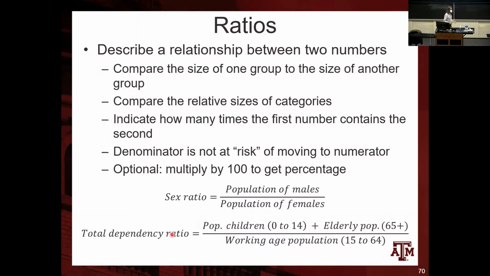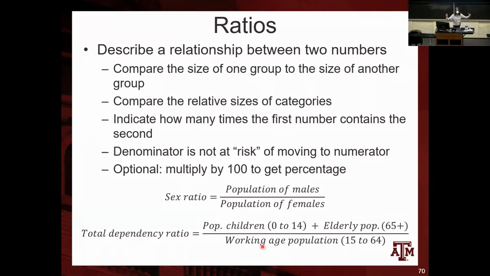And the total dependency ratio, it's really important for policymakers because if we see that we have a larger group of people comprised by children and elderly people who are my dependent population, right? Dependent population, because they depend on the production from the working age population.